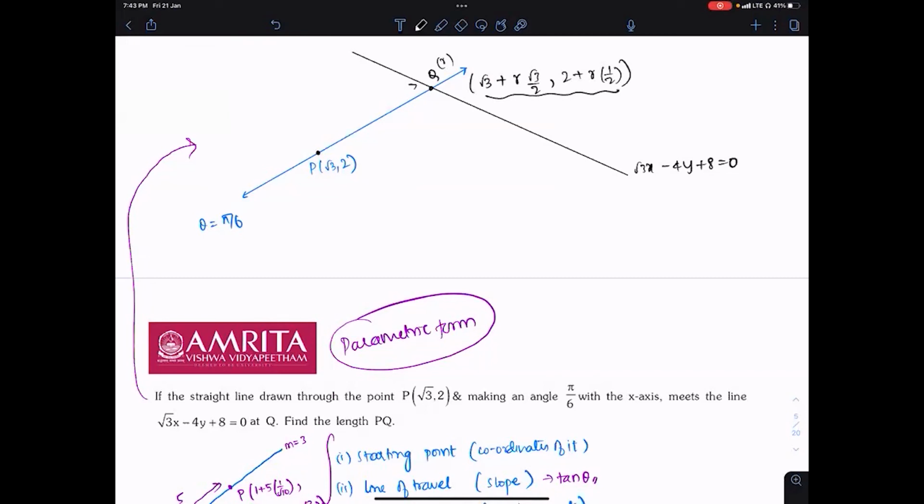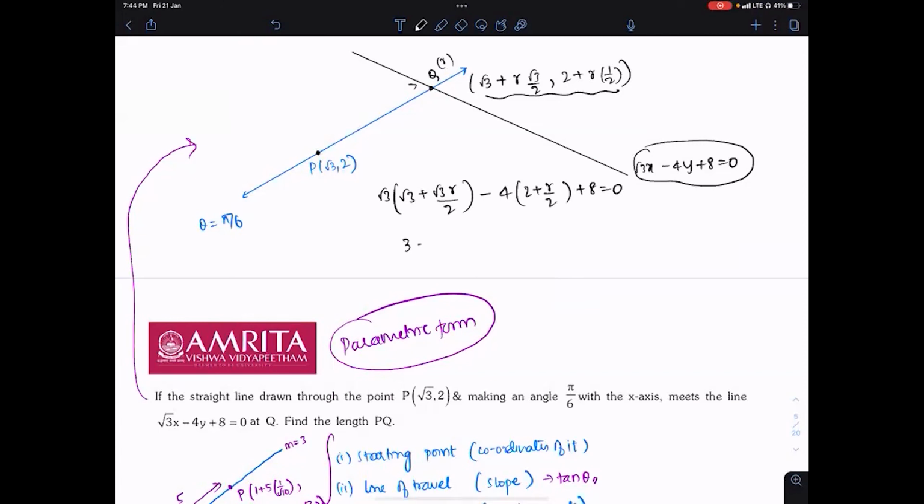Now, but Q is on which line? This line. Substitute. You'll get root 3 times root 3 plus root 3 r by 2, just substituting this point in the line equation, minus 4 times what is y, 2 plus r by 2, plus 8 equal to 0.